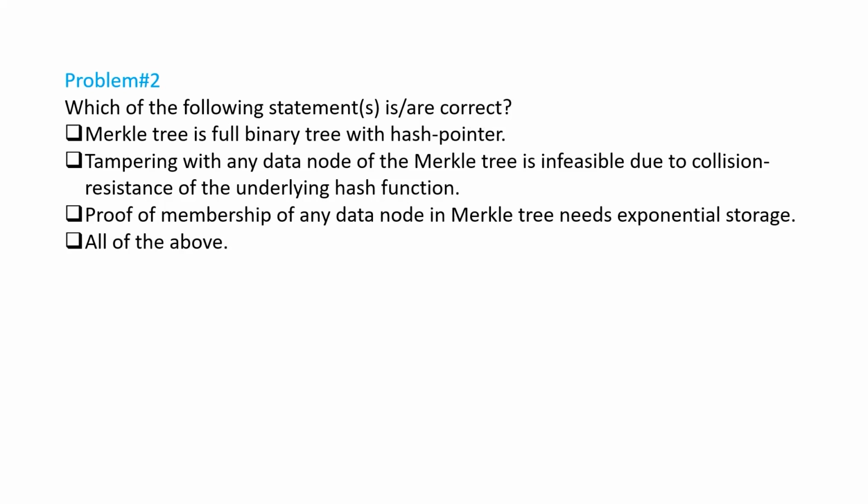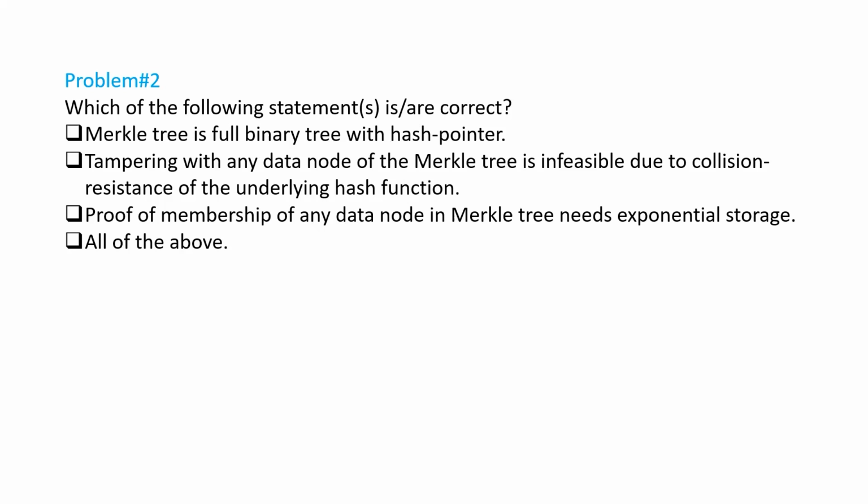This is true actually. So you know the construction of a full binary tree, right? All the nodes except the leaf nodes will have both left and right child. That is the construction of a full binary tree. Usually in a binary tree, each node of the tree will have a pointer to its left child and right child.